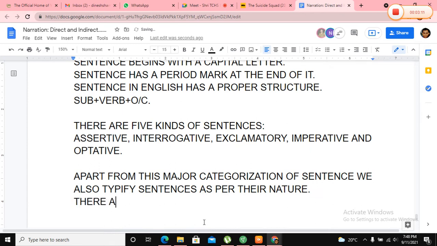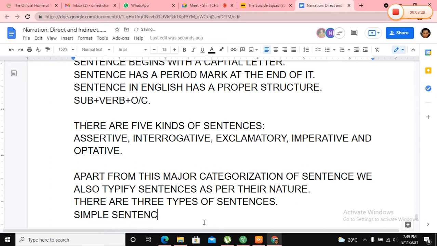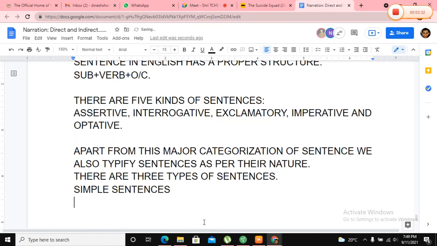There are 3 types of sentences. Are we good so far? Simple sentence, compound sentence, and complex sentence.